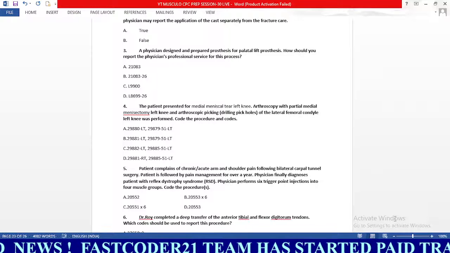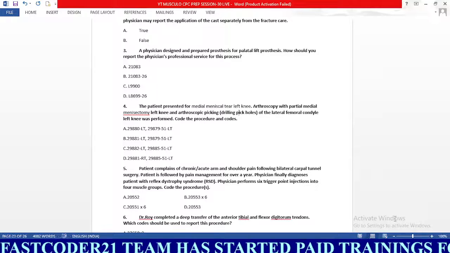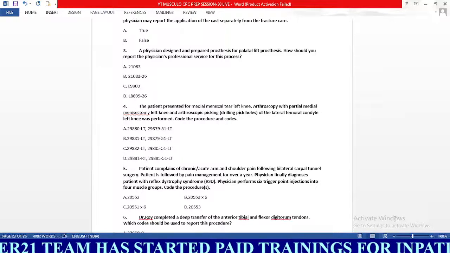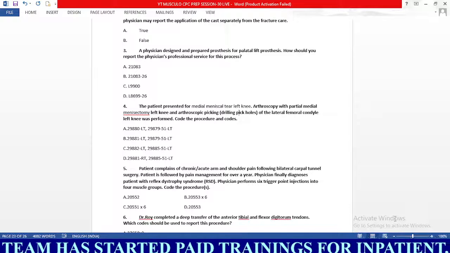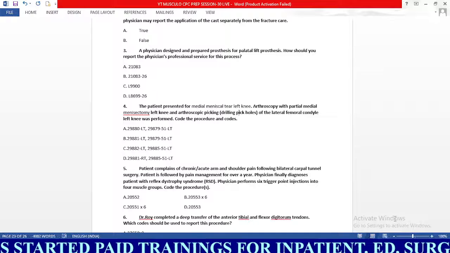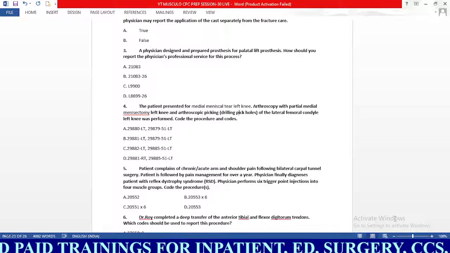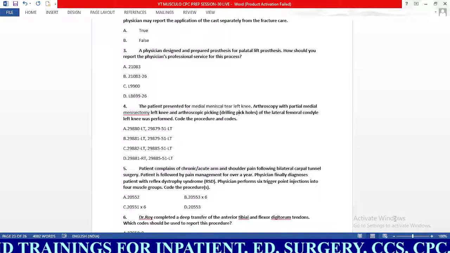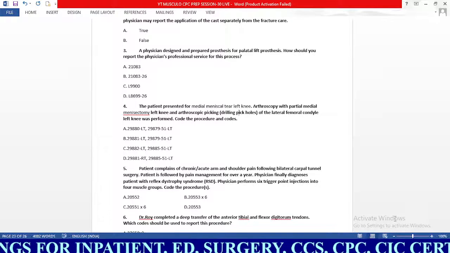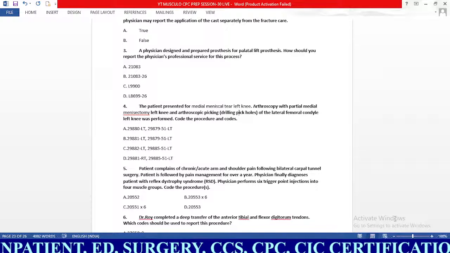So here you need to have the keyword osteochondritis dissecans. Usually we call it OCD. In the operative report, you will find it as OCD. So OCD means osteochondritis dissecans. If the patient has this lesion, the physician will perform 29885. But based on our question, the patient does not have OCD. So there is no need to code 29885.